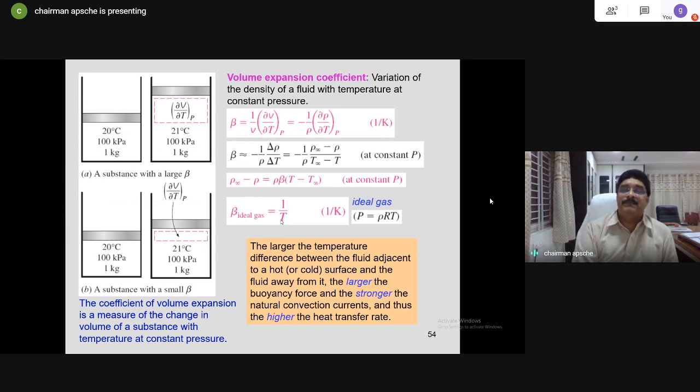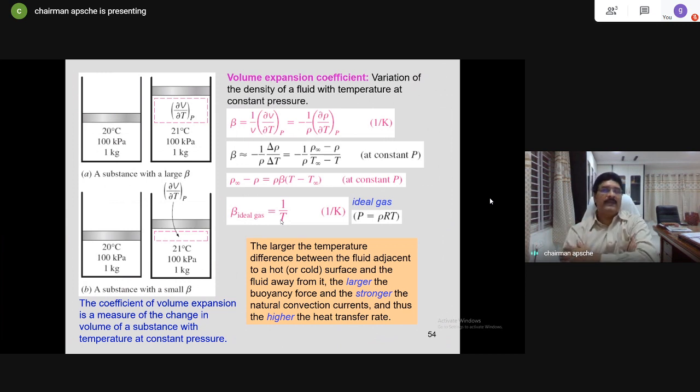But beta is always expressed in Kelvin inverse, 1 by K. That means, please remember, whenever you calculate beta in natural convection, you substitute the temperature value only in Kelvin.